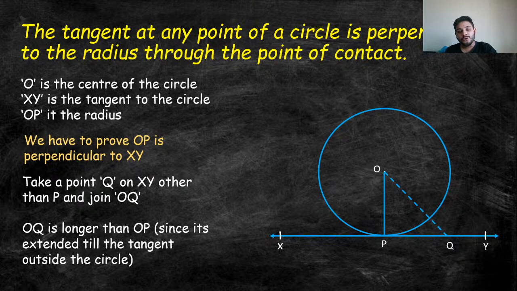Similarly, any point taken on the tangent, apart from point P, will always have a greater length when joined to the center of the circle. So OQ is longer than OP since it is extended till the tangent, outside the circle.